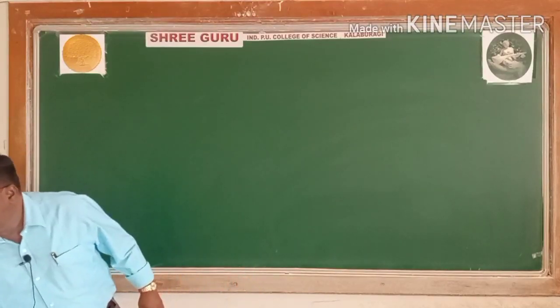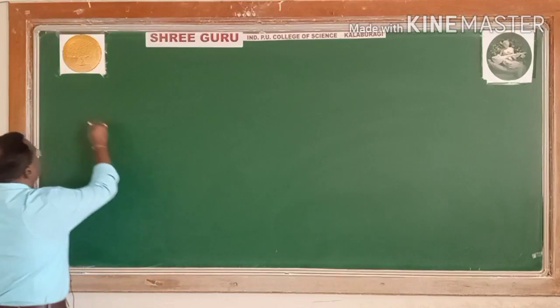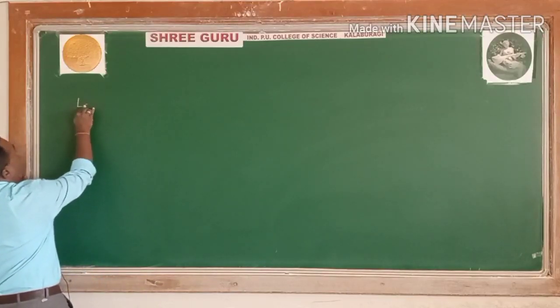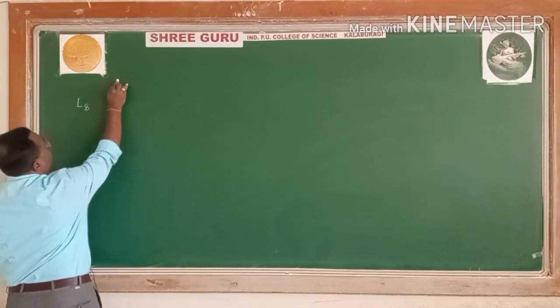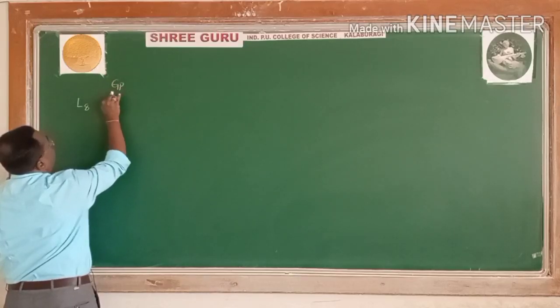Sequences and series continue. Next, in the form of GP, lecture number 8. Lecture number 8, AP is over. Next we start GP, geometric progression.